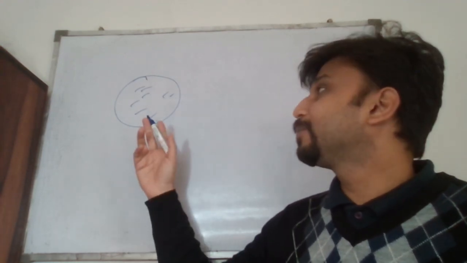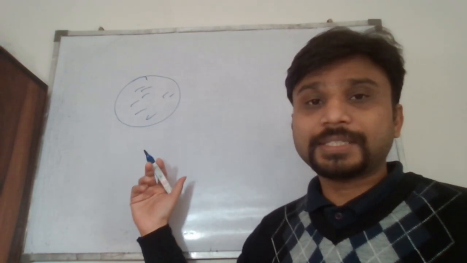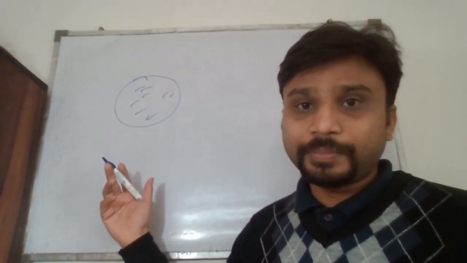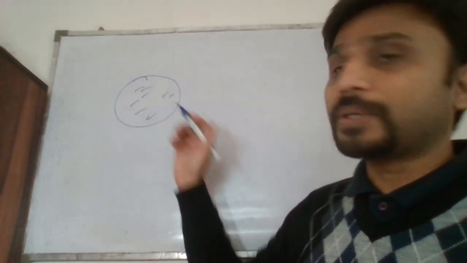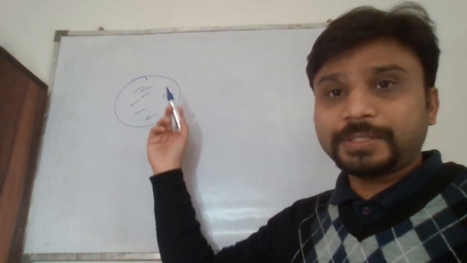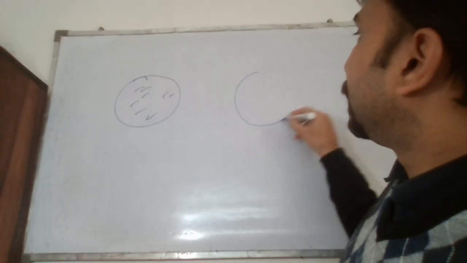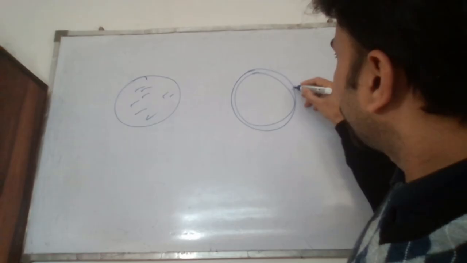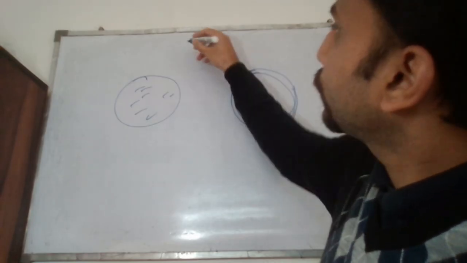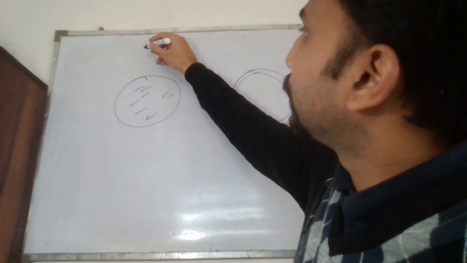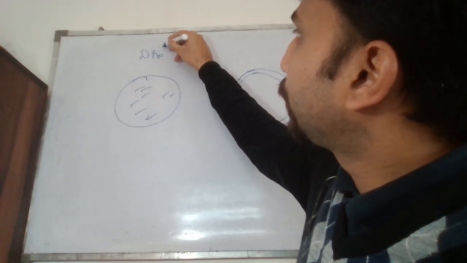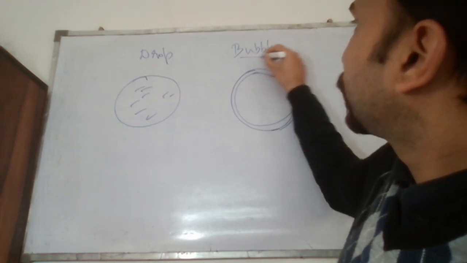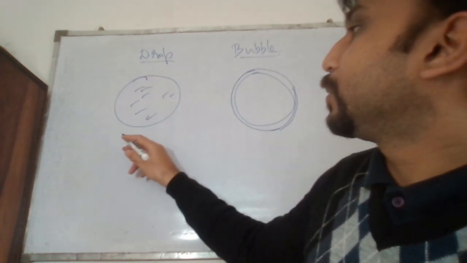But if we are talking about surface energy, then what is its expression? So, for a water drop, we have one surface. For a bubble, we have two surfaces. So, this is a drop and this is a bubble.